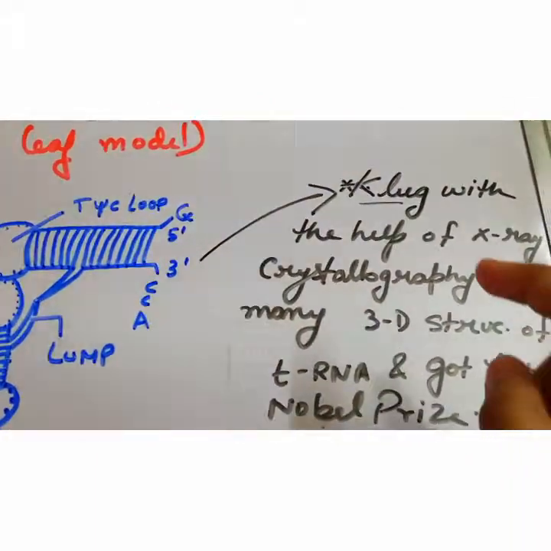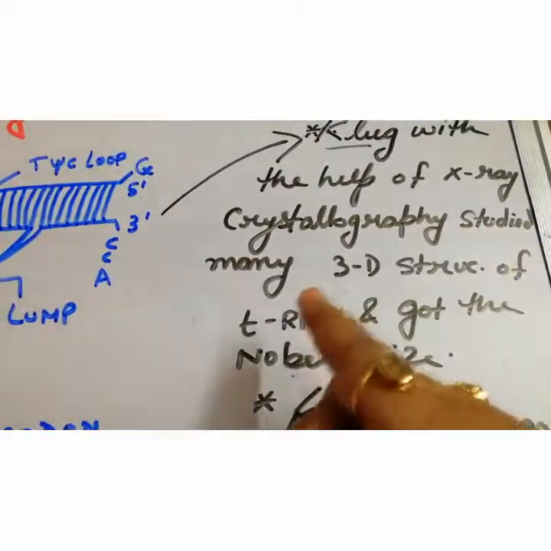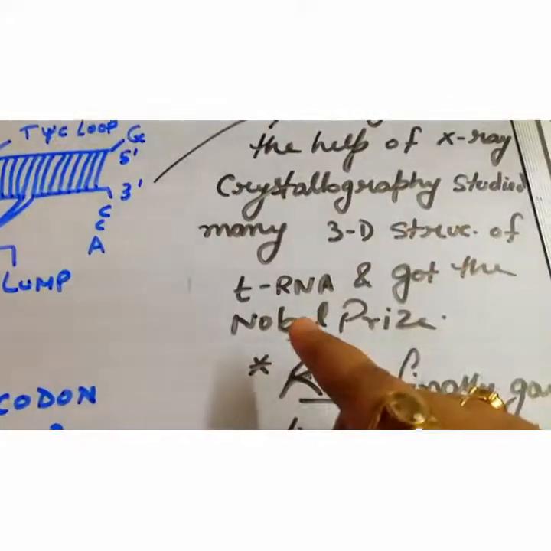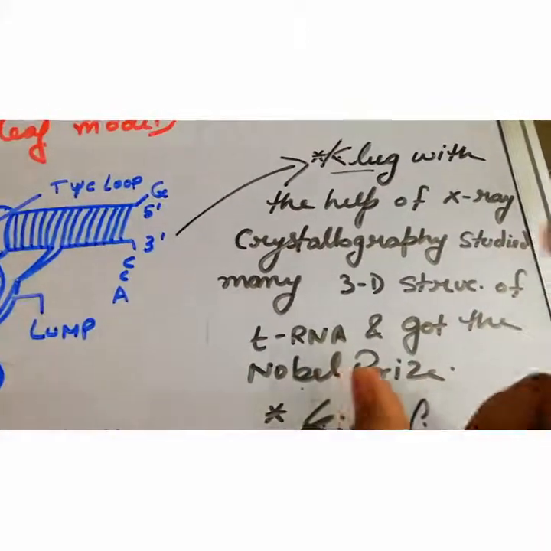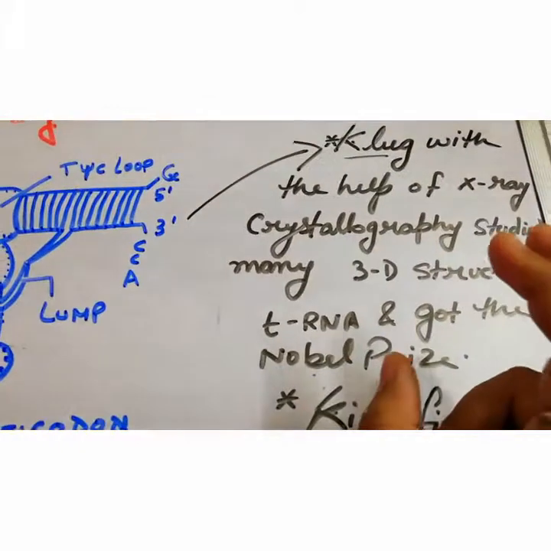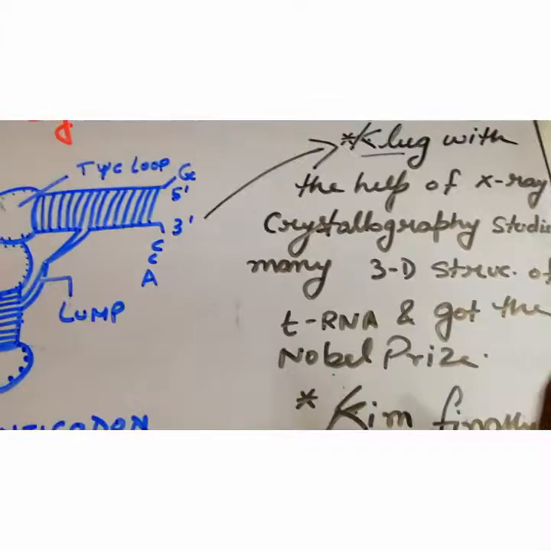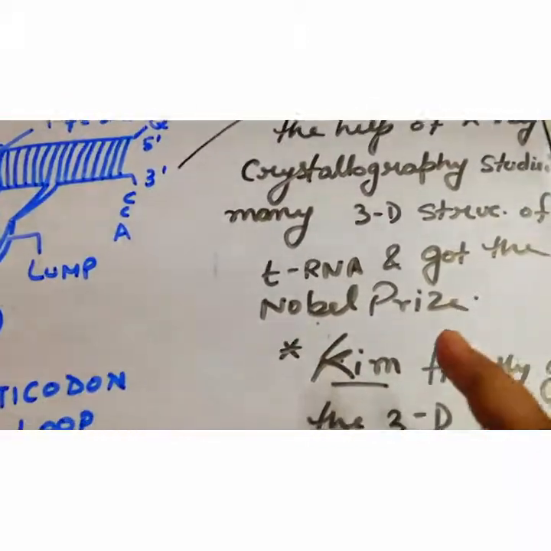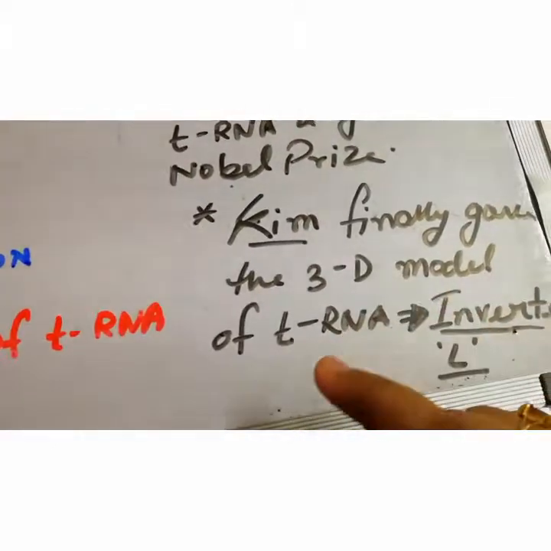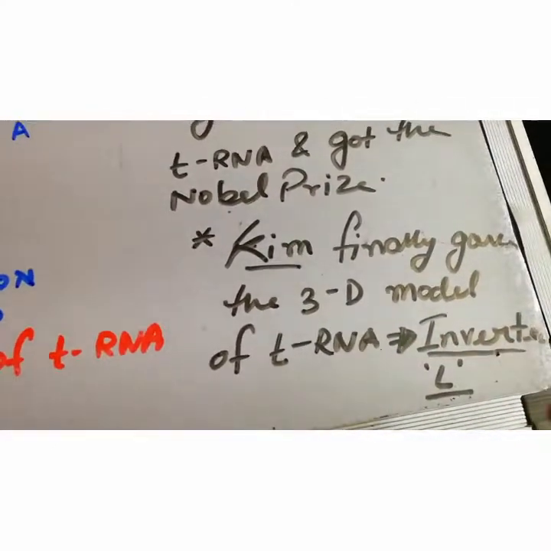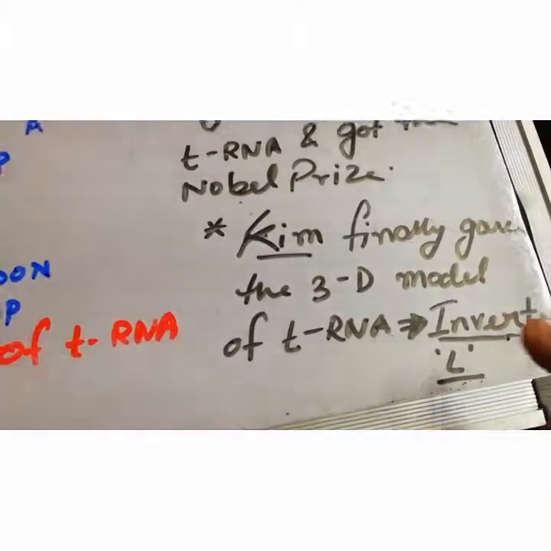Some points regarding this. Klug, with the help of X-ray crystallography, studied many 3D structures of tRNA and got the Nobel Prize. So Klug got the Nobel Prize just for studying the 3D models of tRNA using X-ray crystallography. Later on, Kim finally gave the 3D model of tRNA, which is now very popularly known as the inverted L-shaped tRNA model.